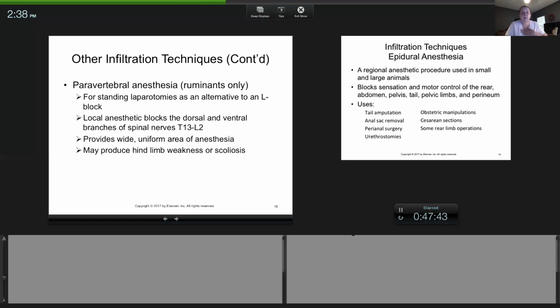So you can do paravertebral versus the L block, which is a technique, and this gives us a much wider block. The only downside you have to be cautious of is that sometimes it can cause some hind limb weakness. We wouldn't worry about scoliosis right now. I just know that when you do this technique, it can cause that weakness.